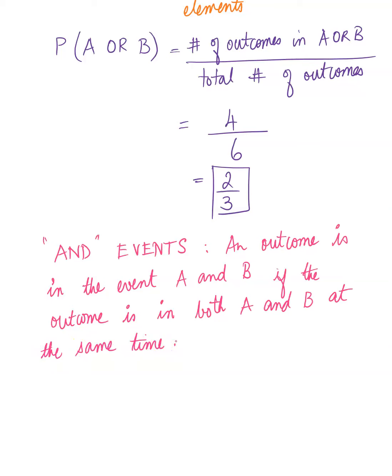You can think about this, right? If you see the word and, you want something to be in A and in B, it obviously has to be found in both A and B at the same time, which means they must have common values in A and B for this to happen.